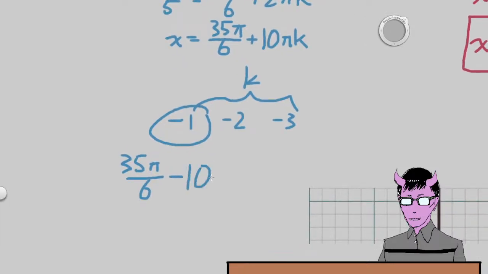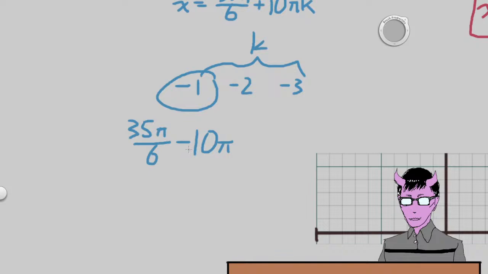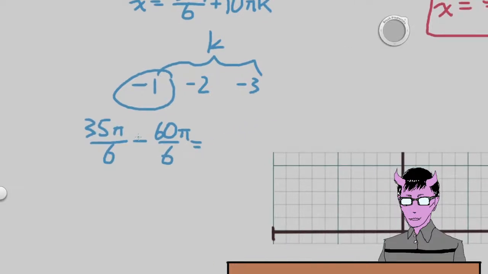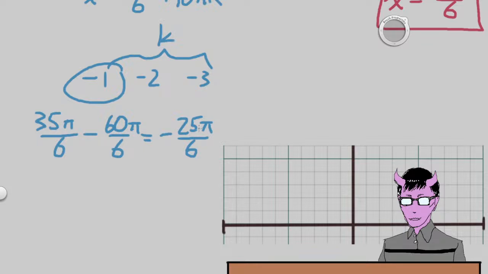So minus 10 times pi. What is that? Top and bottom times 6. Minus 60 pi over 6. What does that yield? Well, that gets us a negative 25 pi over 6. And unfortunately, I think this is out of domain as well.